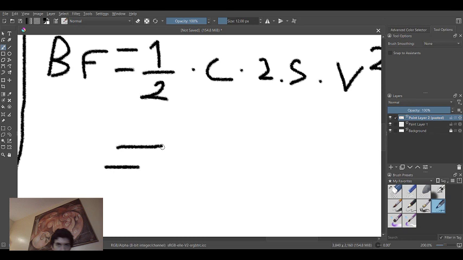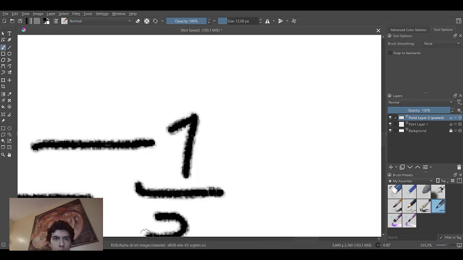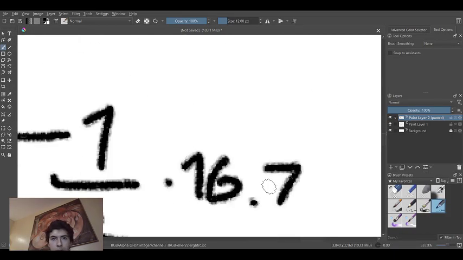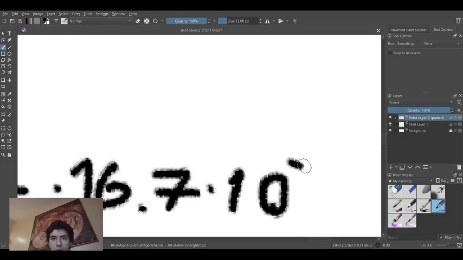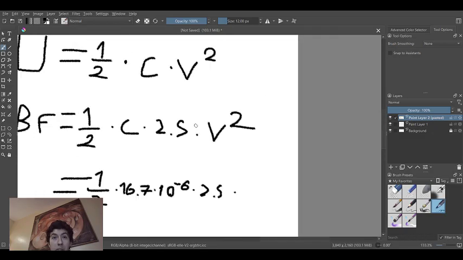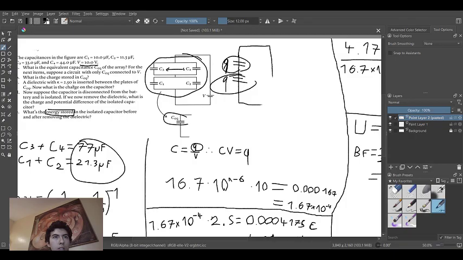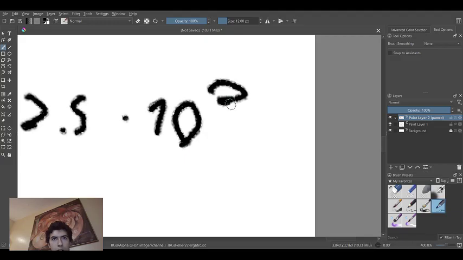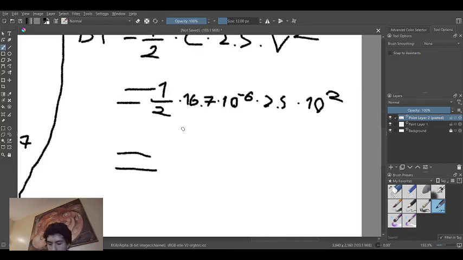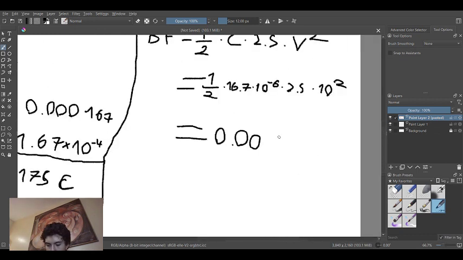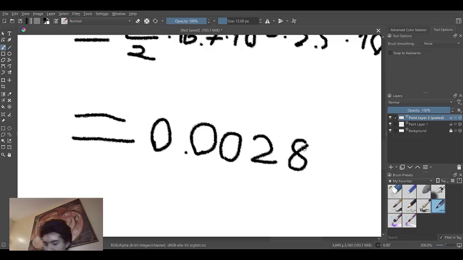So 1 over 2 times 16.7 times 10 to the minus 6 times 2.5 times the voltage squared, which is 10 because it hasn't changed yet. So 10 squared.